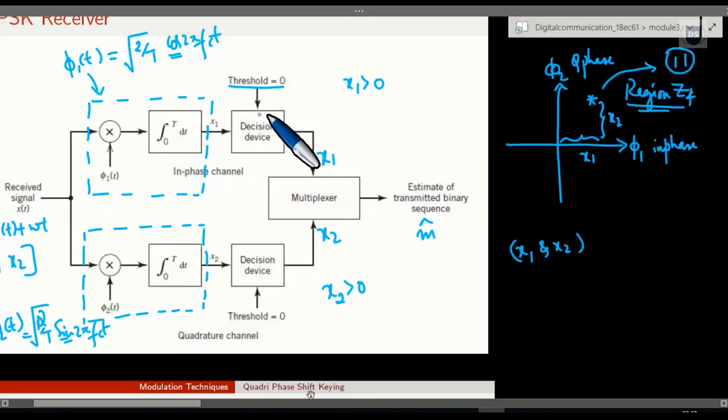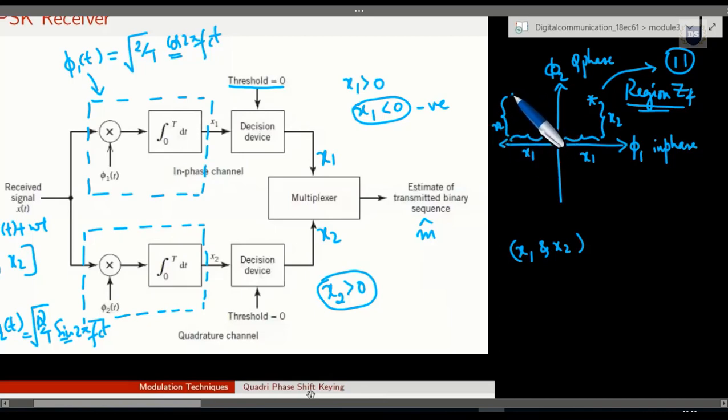Or else, if x1 is lesser than 0 and let's assume x2 is positive, then I have to traverse x1 distance along phi1 but in the negative direction, because right now x1 is lesser than 0, indicating it to be negative, whereas phi2 is still positive, meaning I traverse x2 distance along phi2.